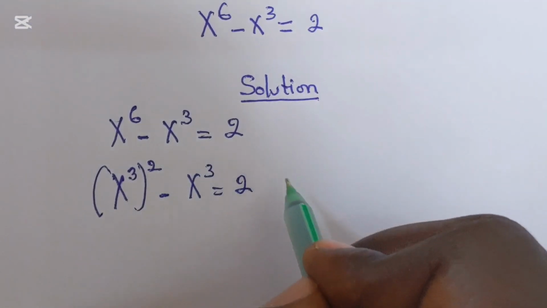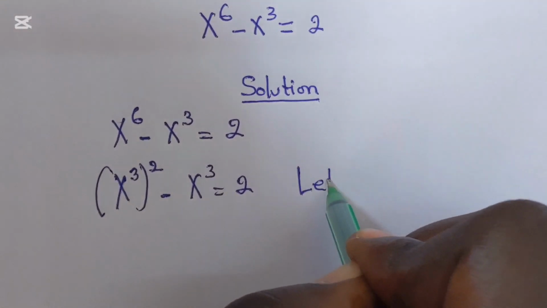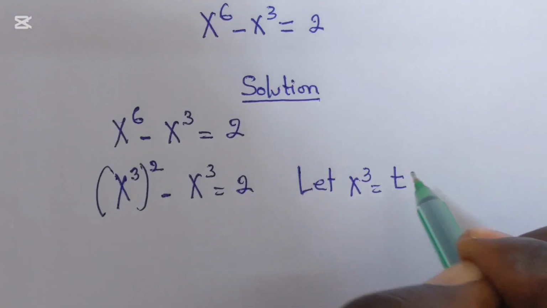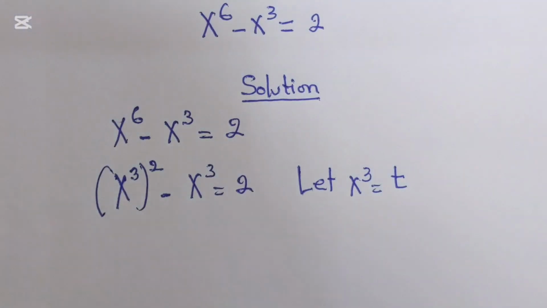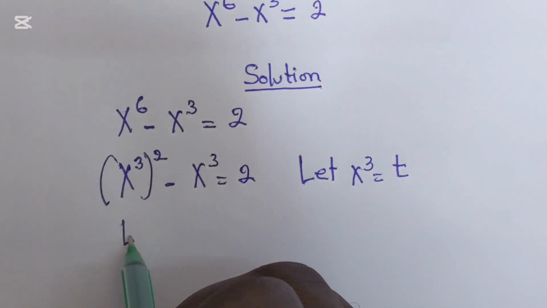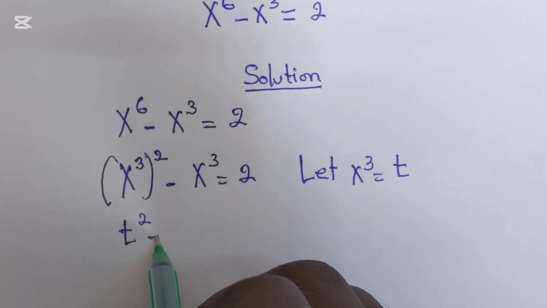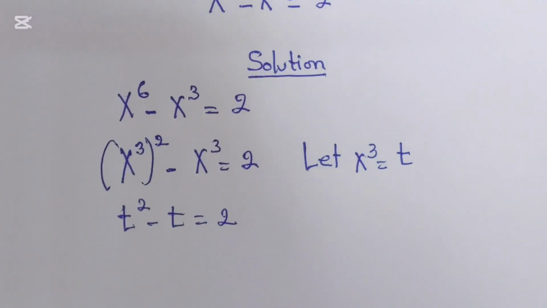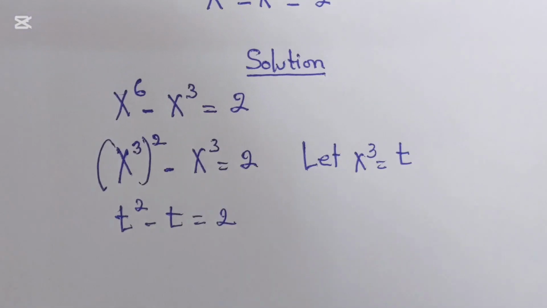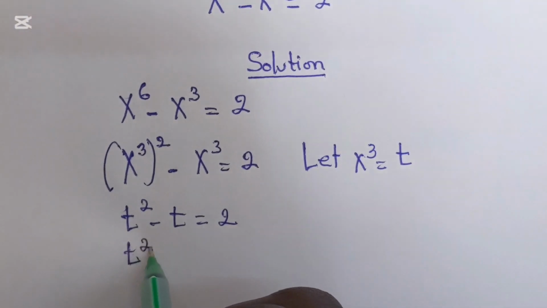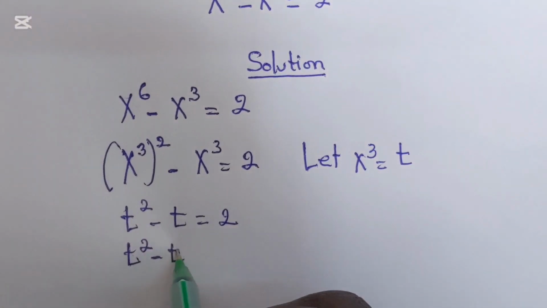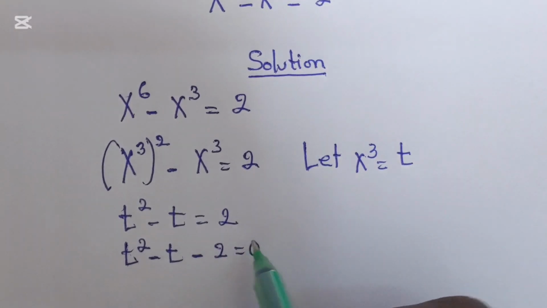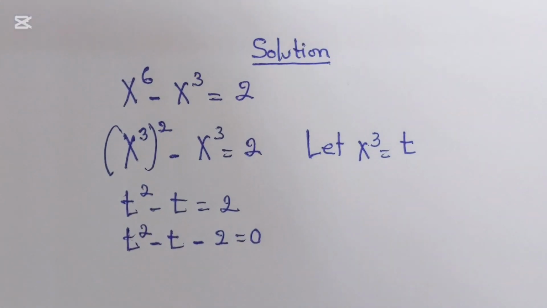So that we can write our x power 3 to be replaced by t. So we have t squared minus t, which equals 2. So our t squared minus t minus 2 equals 0.